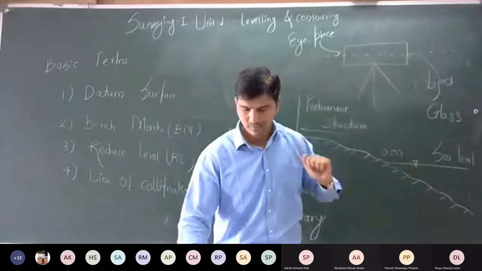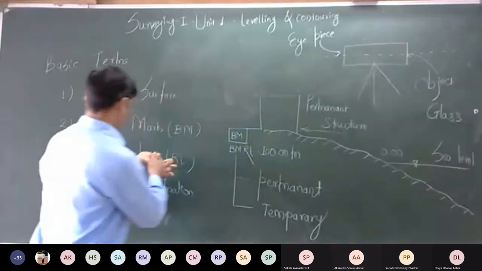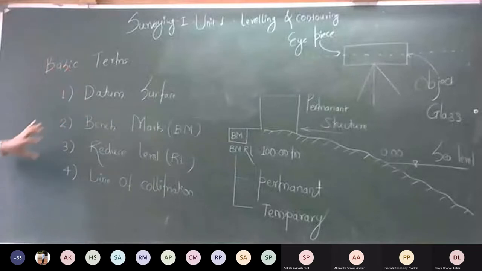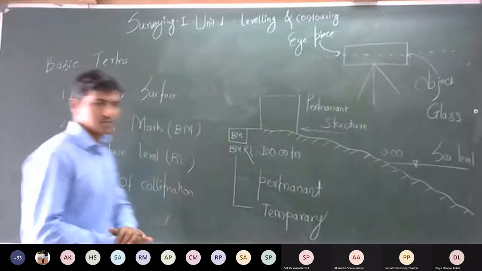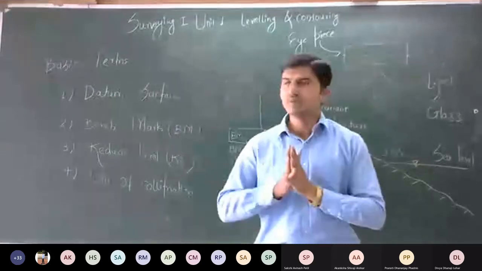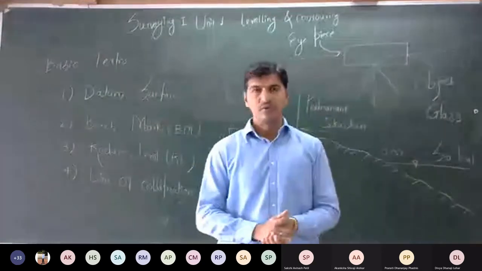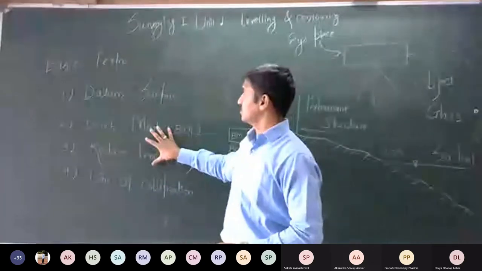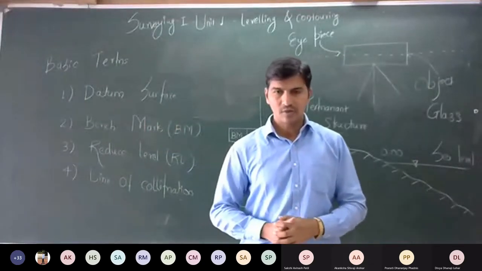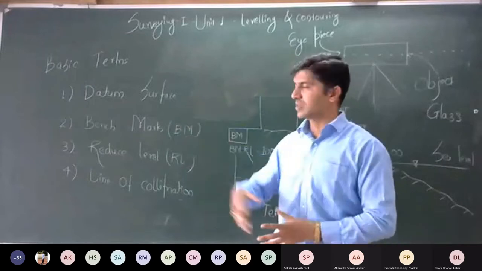Yes, second year. We have discussed the basic terms in leveling: datum surface, benchmark, reduced level, and identification. Does anybody have any kind of queries or doubts? Have you understood the basic terms in the leveling process? Why have I explained these terms?